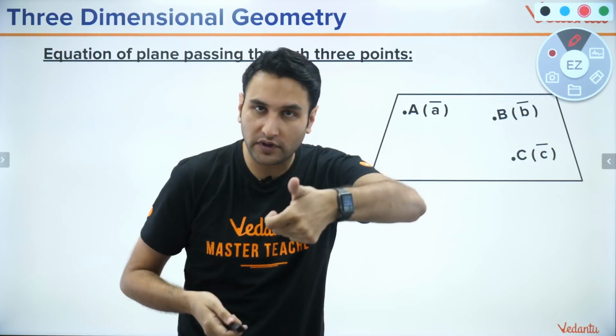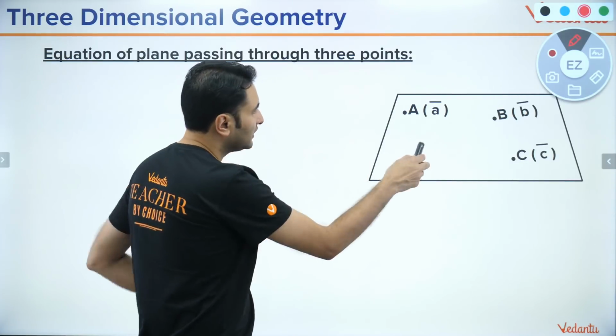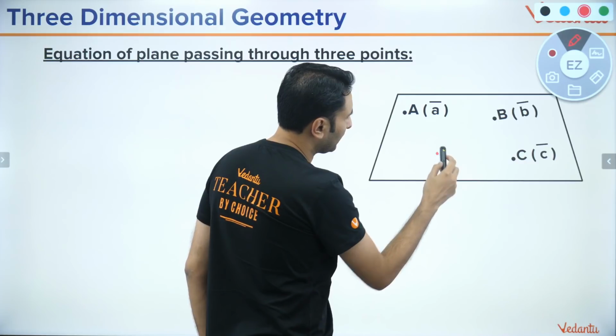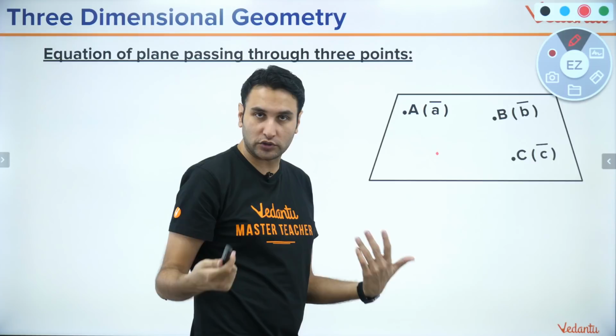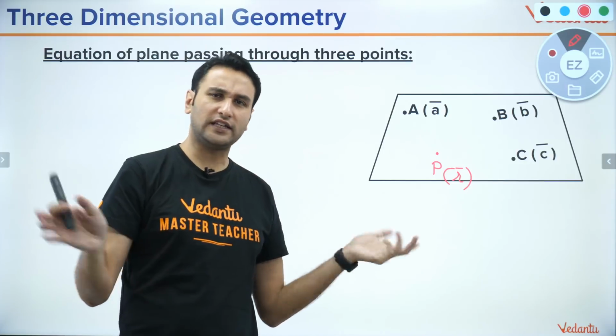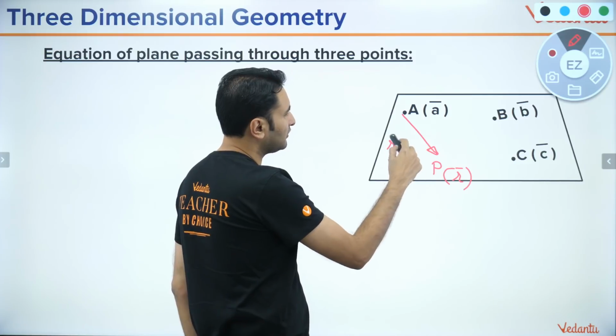Let us convert them into the vectors by subtracting them. कैसे? क्योंकि आपको एक जनरल पॉइंट तो चाहिए होता है. You always want a general point. So there is a point P which is R. Can you create 3 free vectors? Yes, you can. Any 3. मान लो 1 free vector is this R minus A vector.